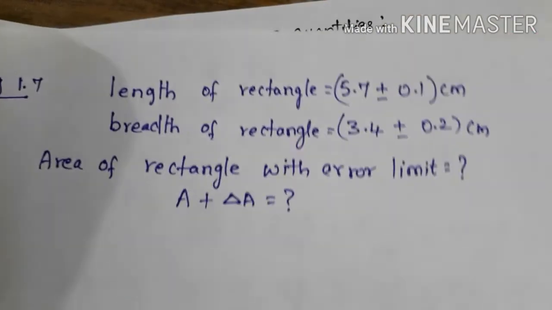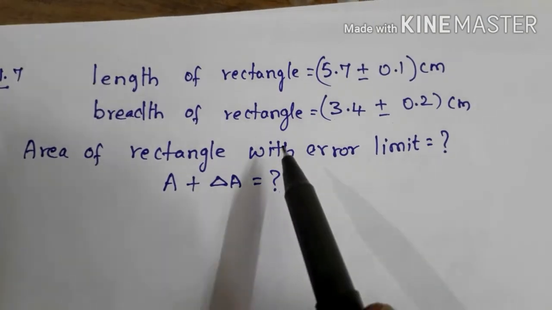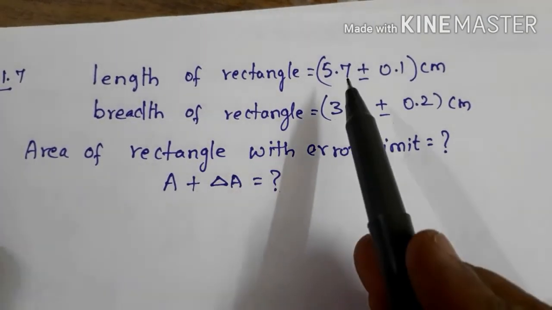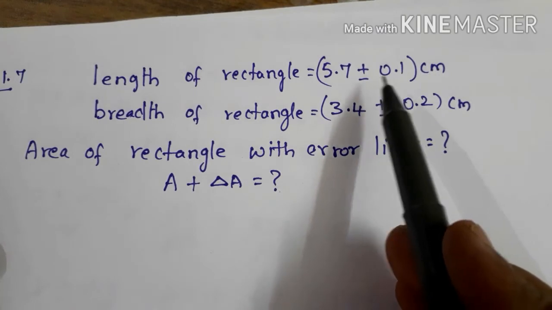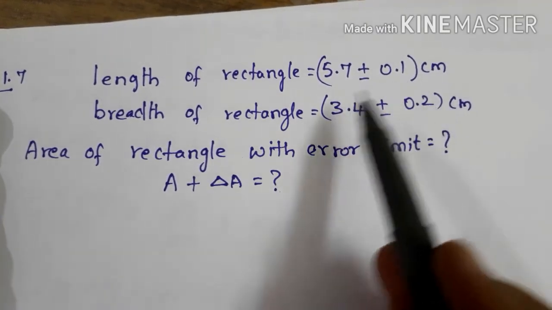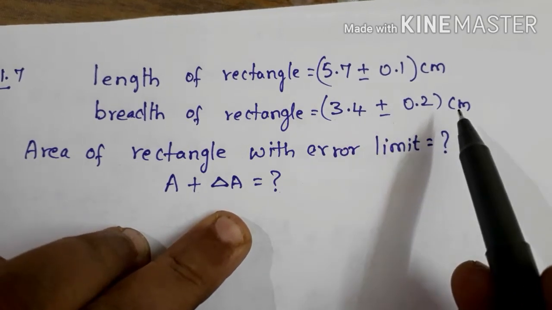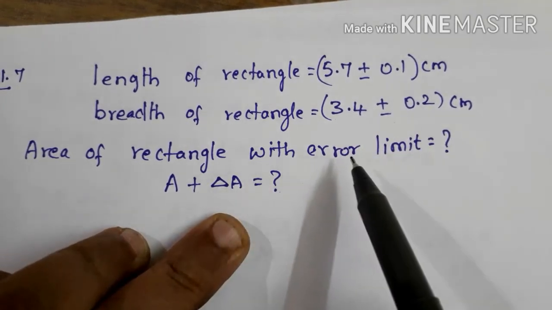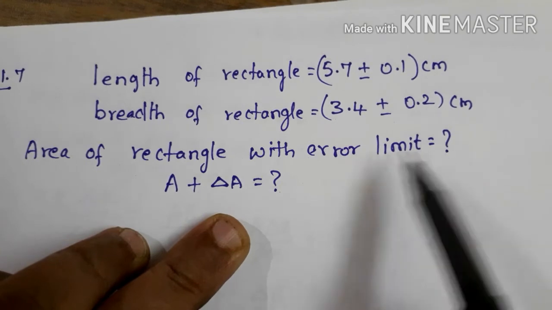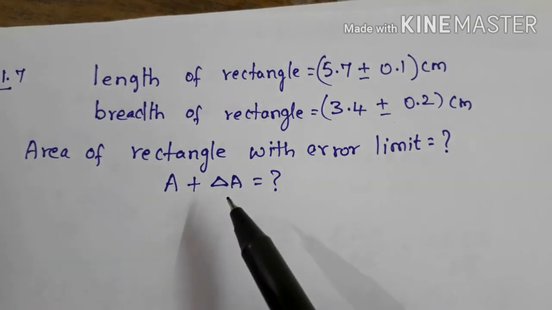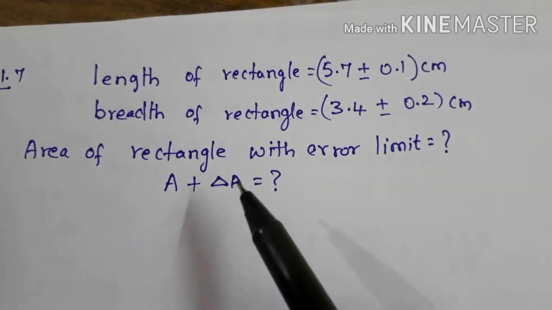Example problem 1.7. The length of the rectangle is 5.7 plus or minus 0.1 centimeter. Breadth of the rectangle is 3.4 plus or minus 0.2 centimeter. Area of the rectangle with error limit has to be determined. That is, A plus delta A is to be determined. So how we are going to solve this?